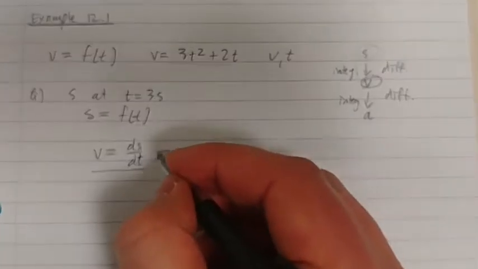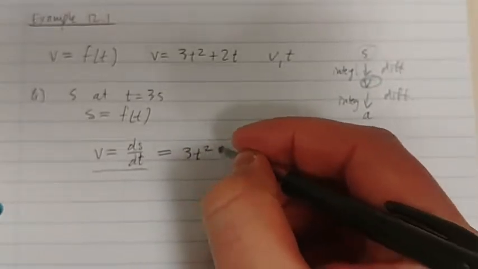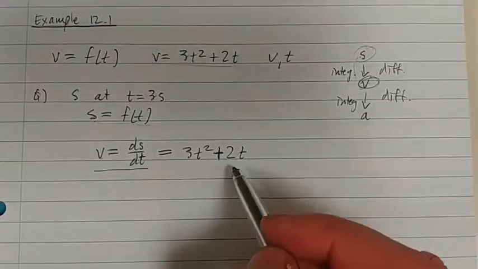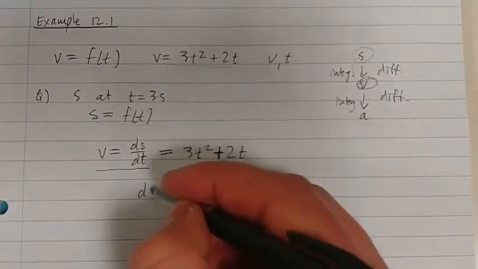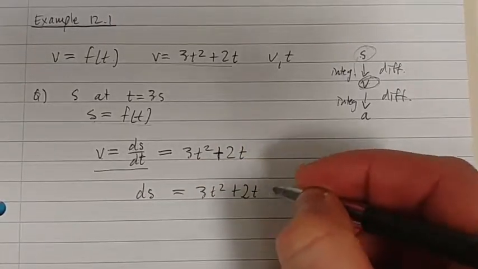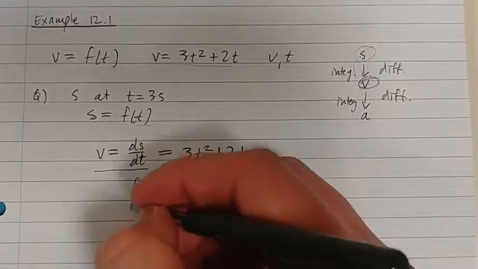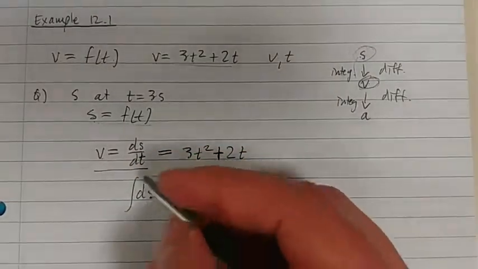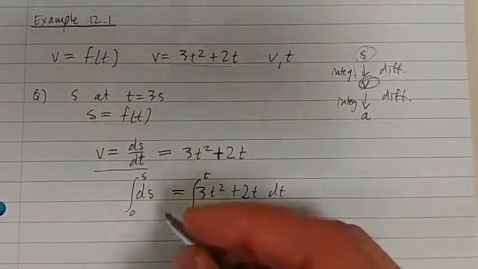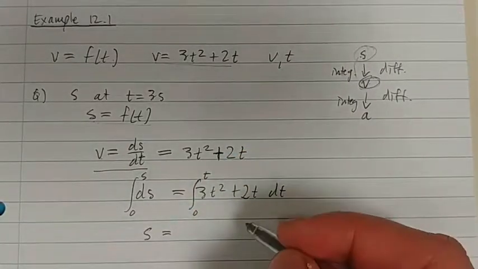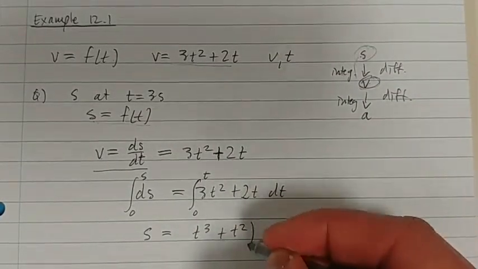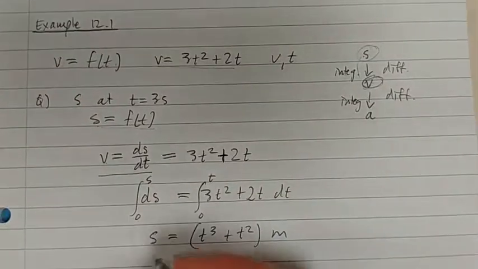And what is our velocity? Our velocity is 3t² + 2t. So now we separate variables. ds = (3t² + 2t) dt, and we integrate between our limits, 0 and s on one side, 0 and t on the other. So s is equal to t³ + t² meters.